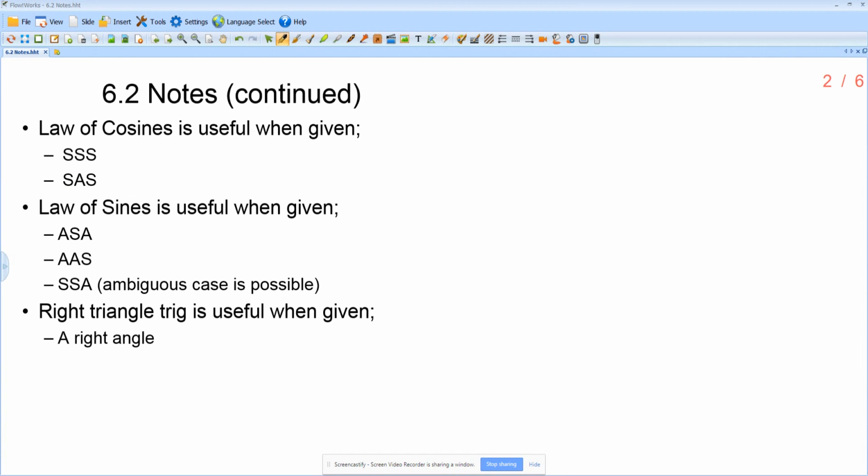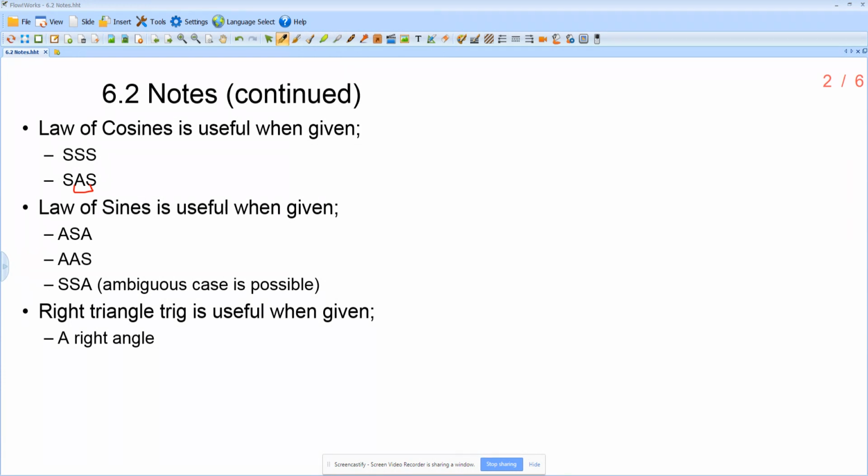All right, so law of cosines. When do we want to actually use the law of cosines? In the given information, if you are given 3 sides, so side, side, side, that is a case in which you want to use the law of cosines, because that's going to allow me to solve for one of the angles. If I'm given side, angle, side, where the angle has to be the included angle between those two sides, you would want to use law of cosines.